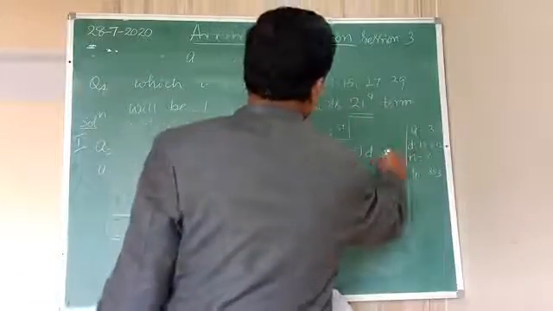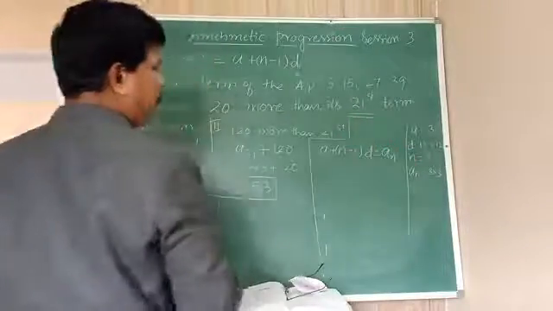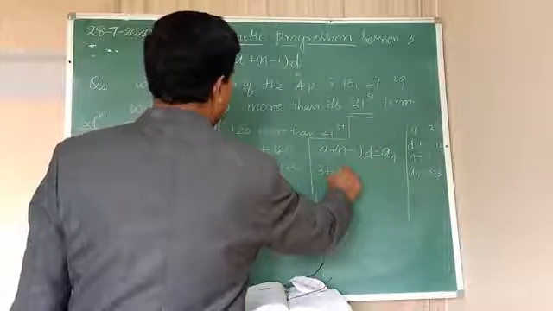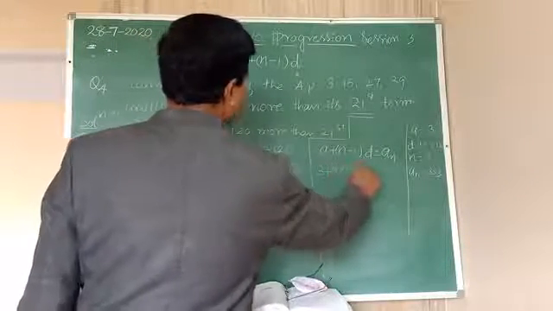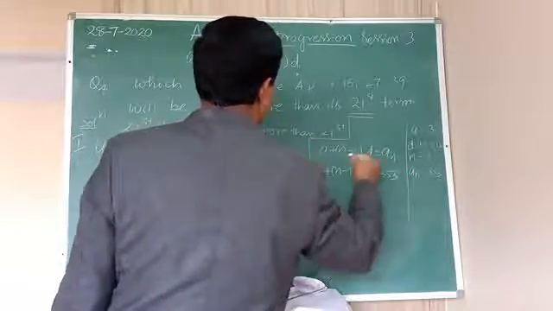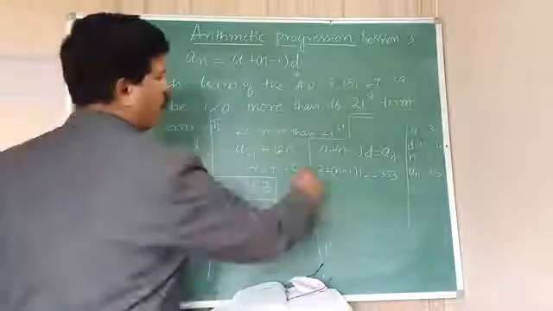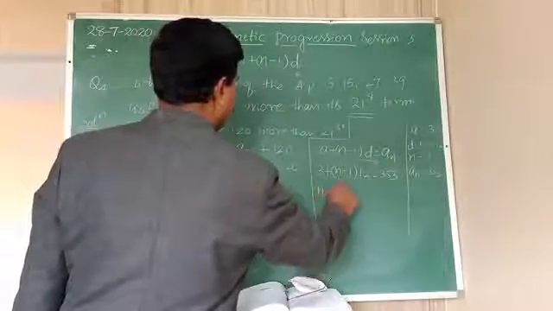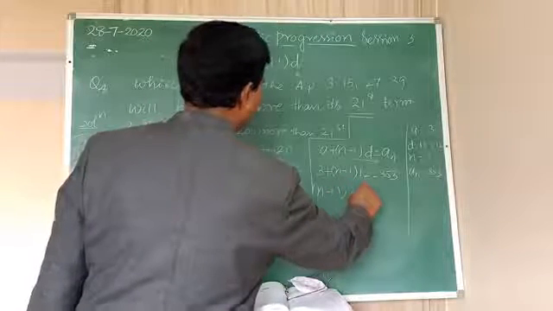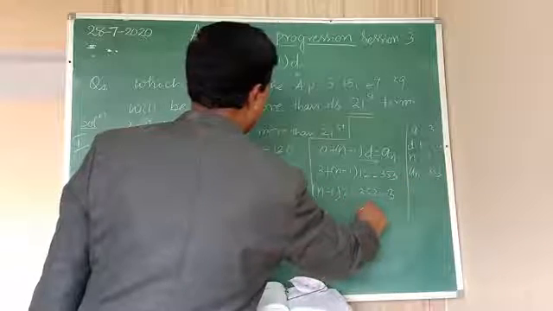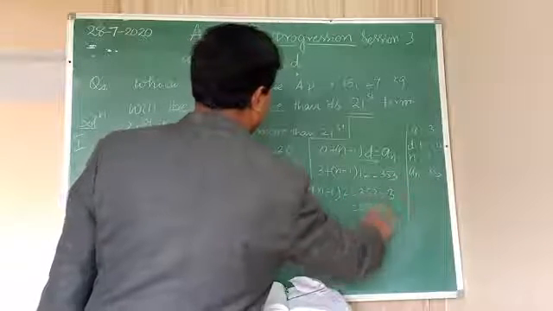So this is AN. Now the A value is 3 plus n minus 1, which we don't know and should find out. The D value is 12. AN is 353. Now transfer this 3 to this side. Then n minus 1 into 12 equals 353 minus 3, that is equal to 350.